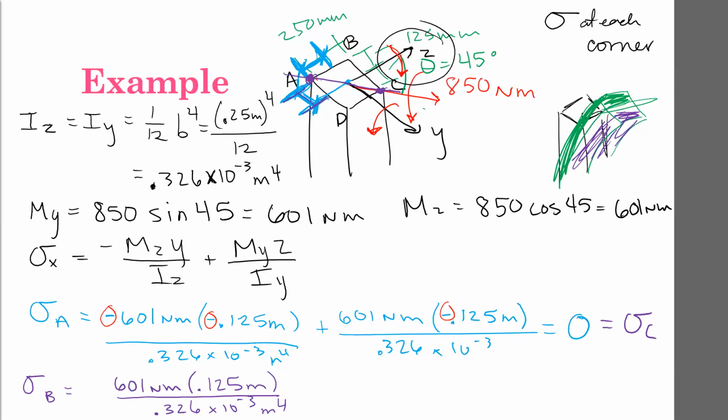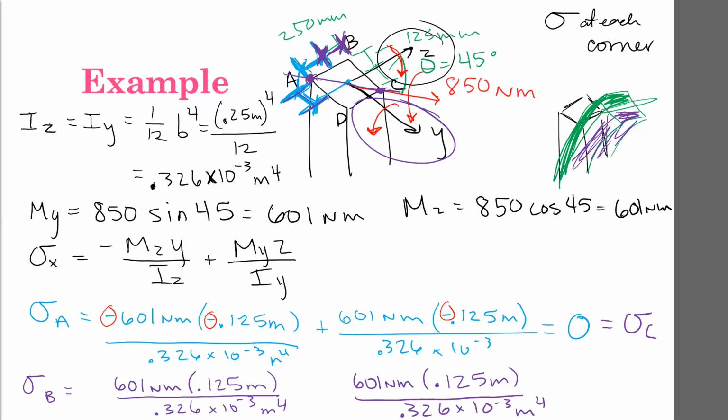Now, my next term, the moment about Y is the same magnitude, 601. The distance in the Z direction to B is this value here, which we know to be 0.125, either positive or negative. And then 326 times 10 to the negative 3. Okay, so now is the moment about Y causing point B to be in tension or in compression? Tension, good. So I want this to also be a positive.